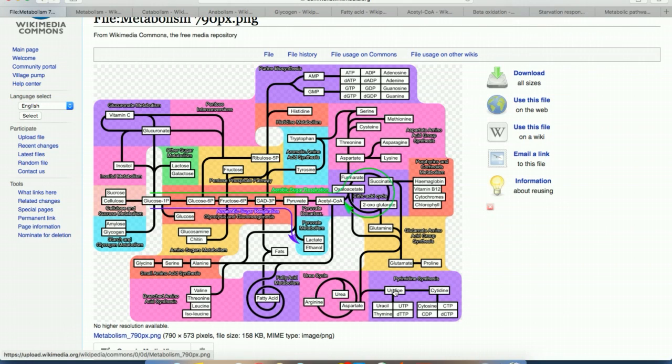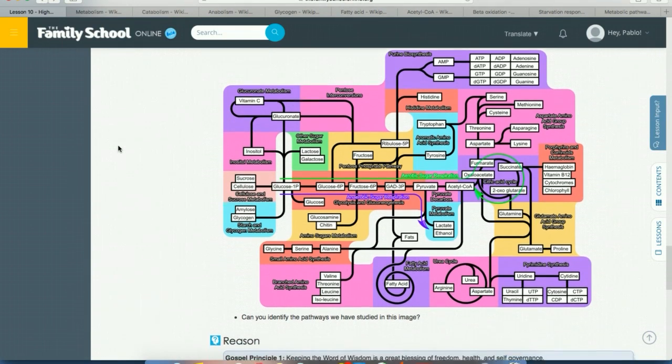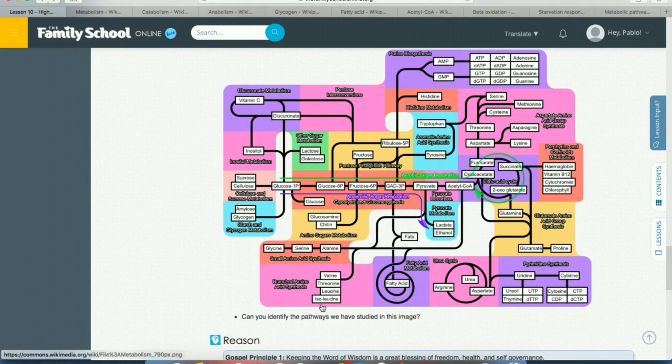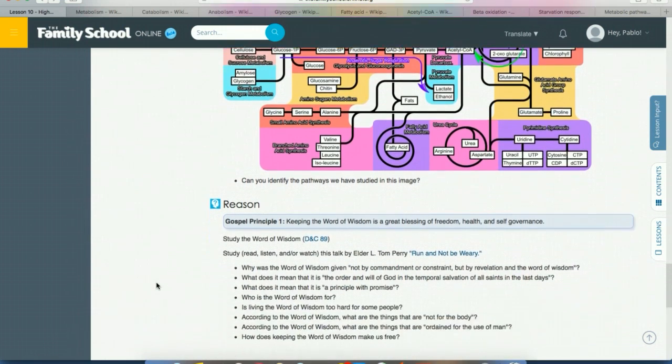I wish we could have time to study everything here, but these are just the main concepts that we have seen today. Can you identify the pathways we have studied in this image? Yes, we saw the cellular respiration pathway, the fermentation pathway, and the fatty acid metabolism pathway. Okay, good deal.